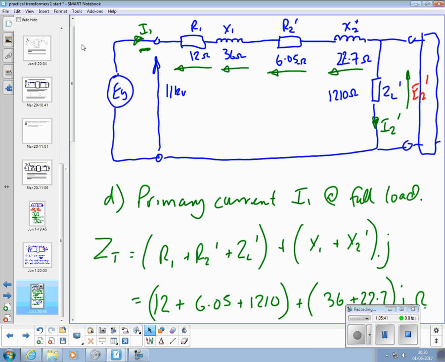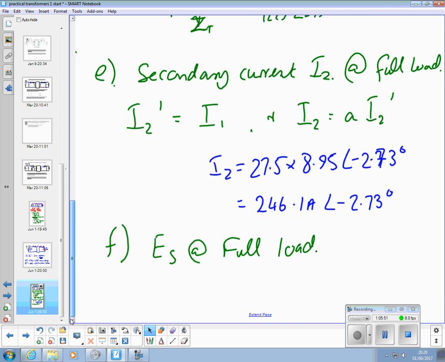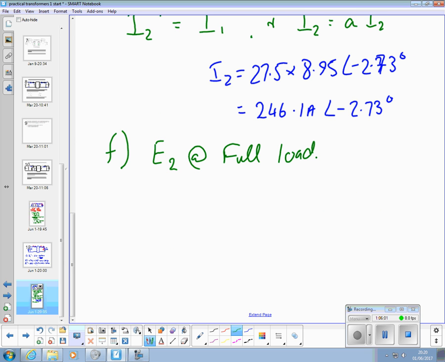How can we find that? We know the current going through it, I2 dash. We know the value ZL dash transferred. So we can find E2 dash.